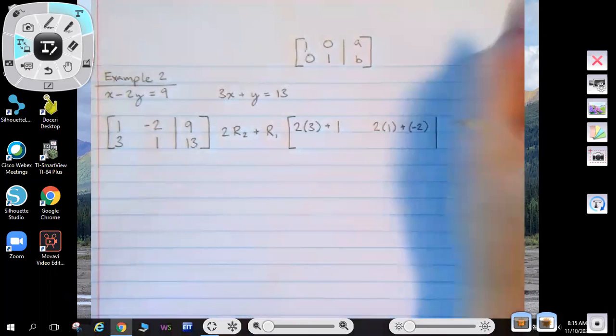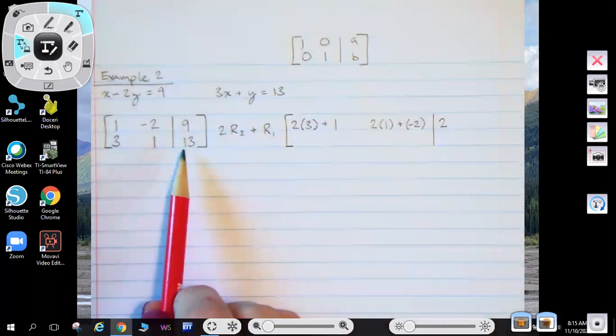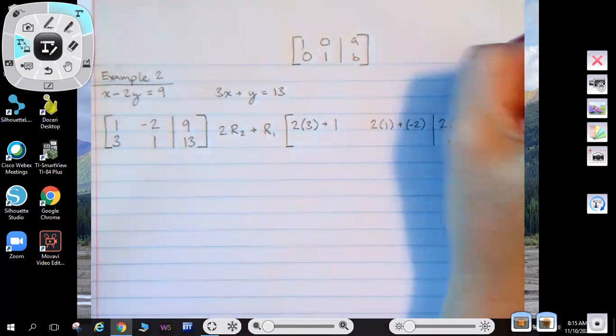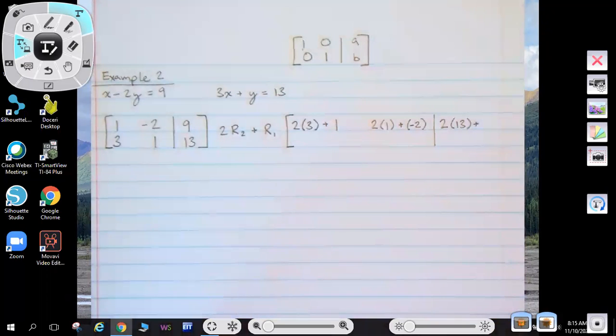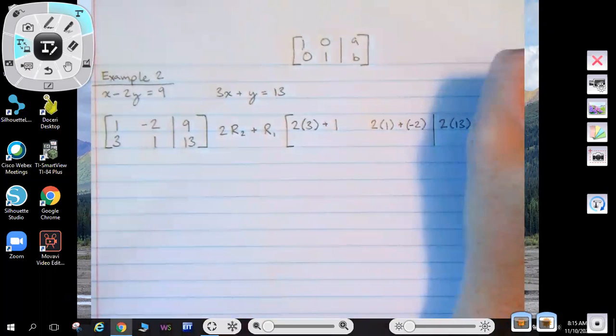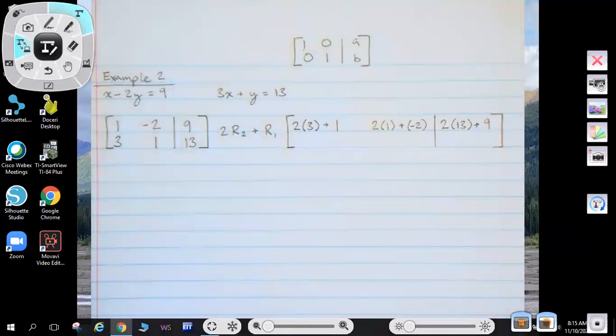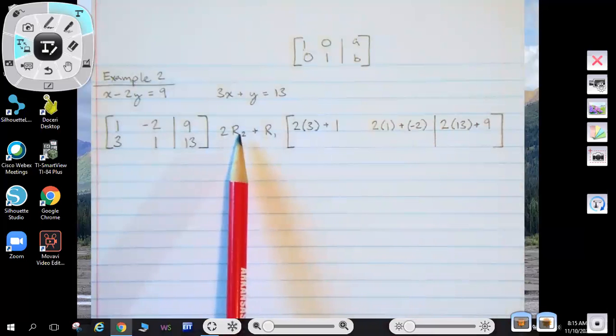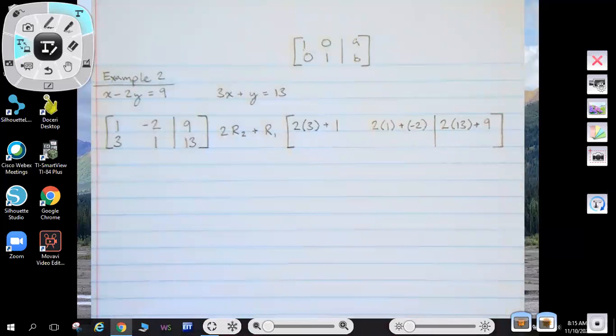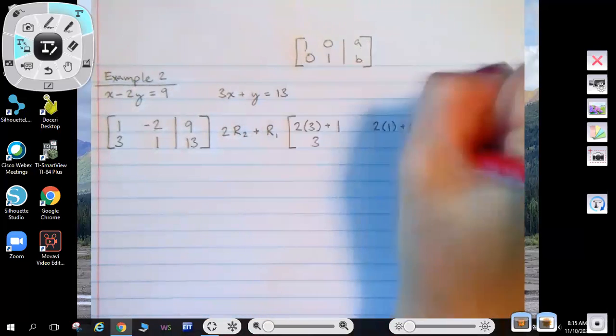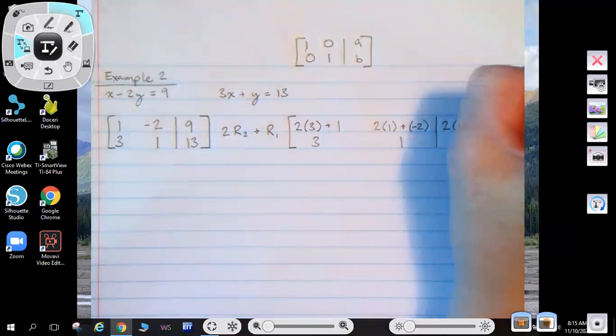And then the last one, we have 2 times row 2, which would be a 13, plus row 1, which is 9. So those are going to be our new numbers for the first row. Right now, the second row does not change. So even though we're using the second row to help us change the first row, we're not actually changing the second row right now. So it's going to stay 3, 1, 13.